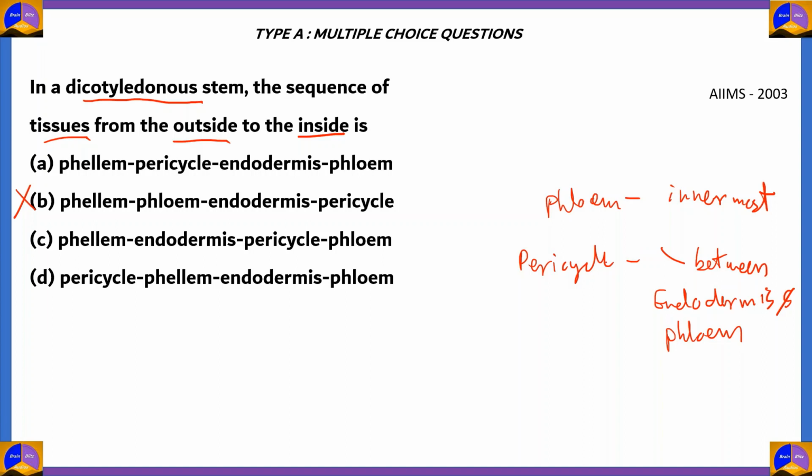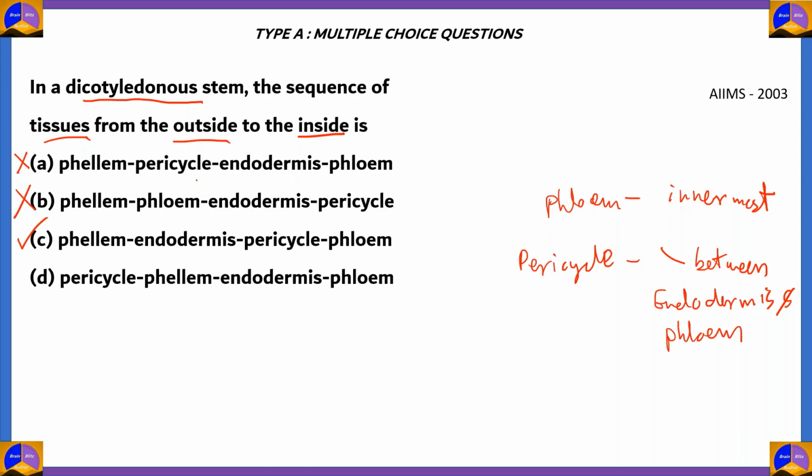And so since the pericycle is in between endodermis and phloem, it leads us to the fact that option C is the right answer, because in all of the other options, such a scenario does not take place.